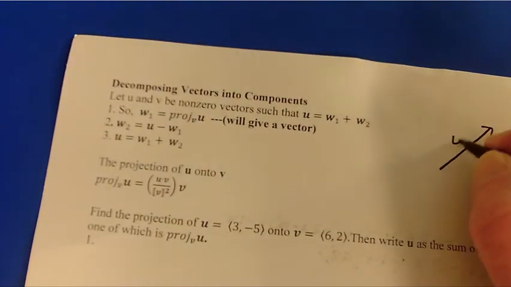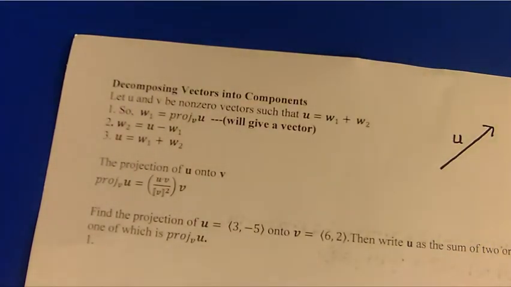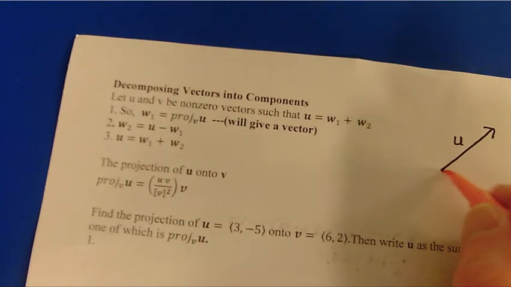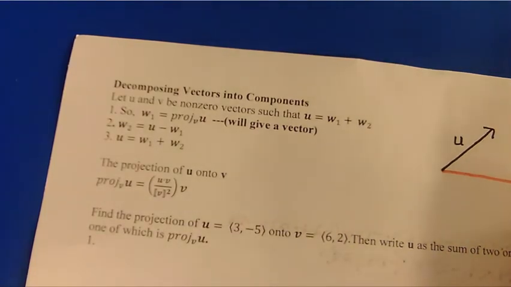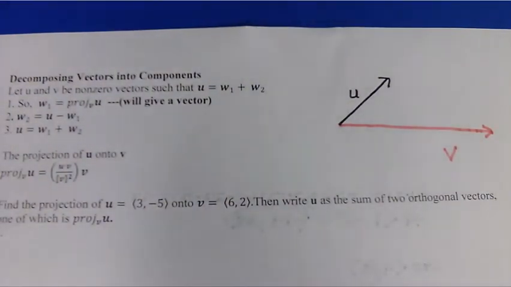here's u, and here's v. I'm just making something up. The projection of u onto v is made up in two parts.